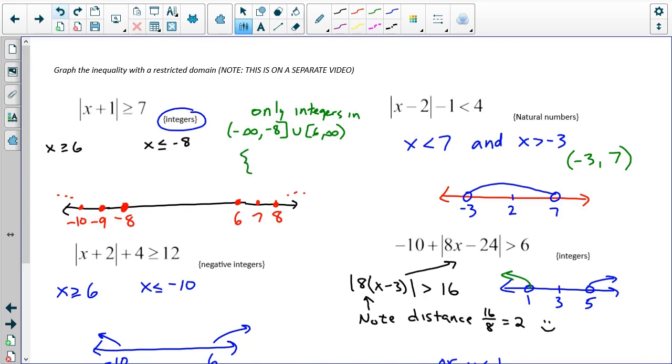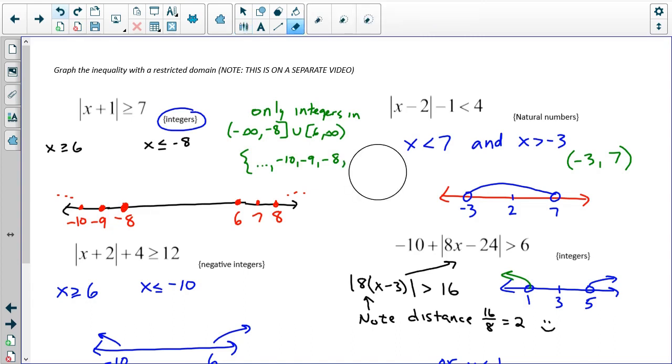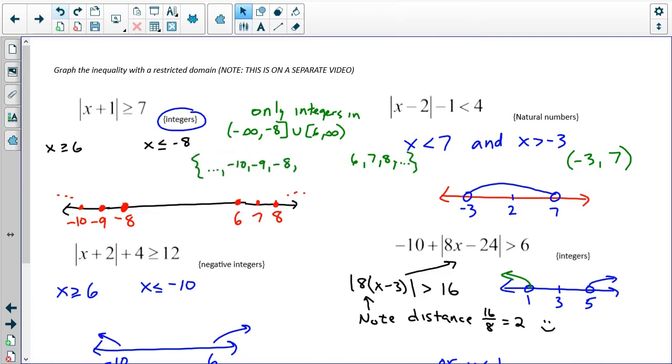Or I could write it in set notation where I'm showing that I don't want to put dots here. So -10, -9, -8, and then it stops. Then I have 6, 7, 8, and it keeps going from there. So that could be another way to write that.